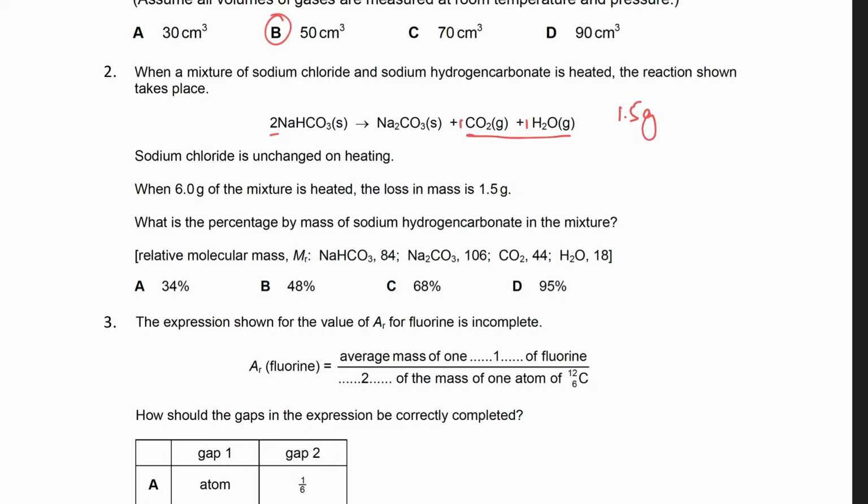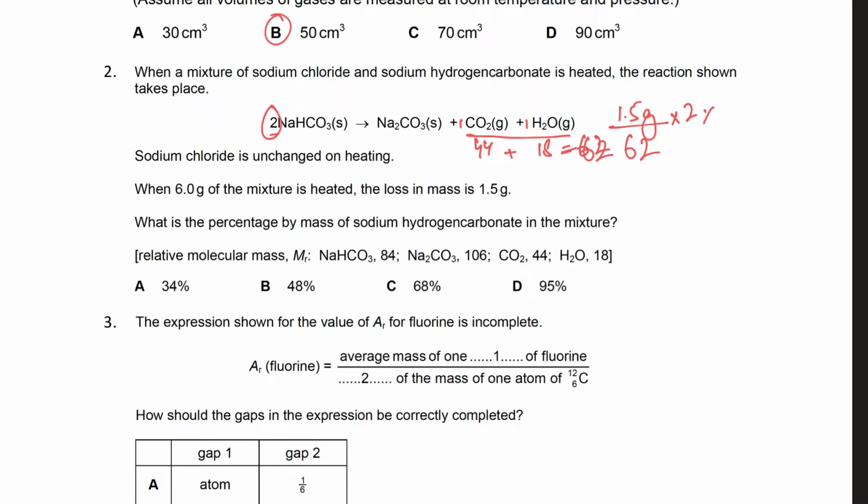what is the average moles of this thing, or what is the way in which these are broken down. So let's suppose we have carbon dioxide and water. Their MR, when you collect them as a mixture, is going to be 44 for carbon dioxide and 18 for water. The total comes out to be 62. Now 1.5 divided by 62 is going to give us our number of moles of the gas that comes in, and if you multiply it by 2, that will give us the moles of sodium hydrogen carbonate that were taken out.